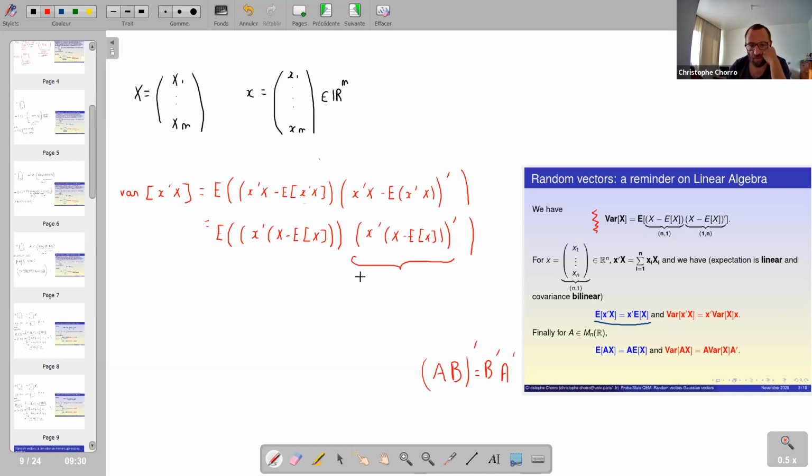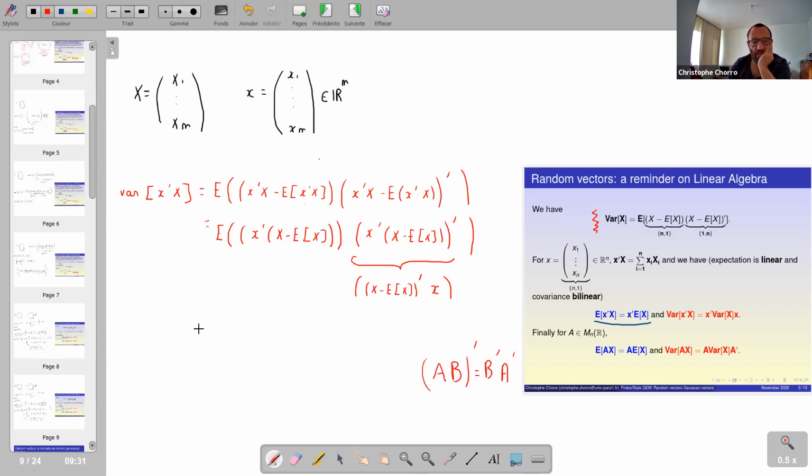So this one may be written as x minus the expectation of x transpose, it's my B prime here, multiplied by x prime prime, and x prime prime is simply x, because when you do the transpose two times, you come back to the initial vector.